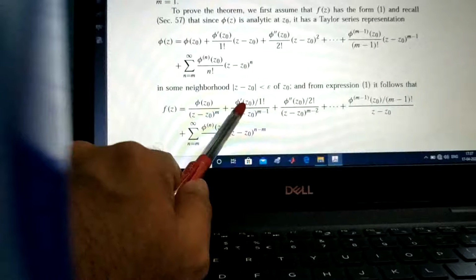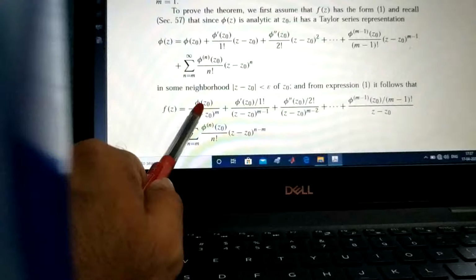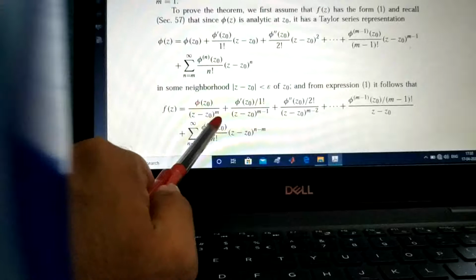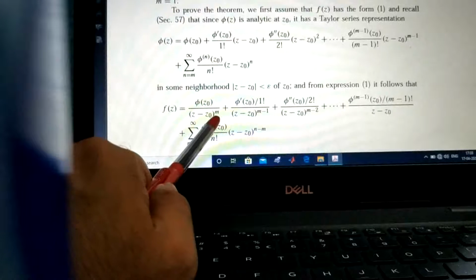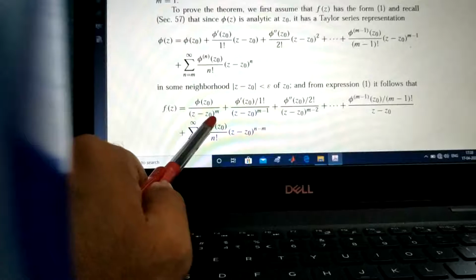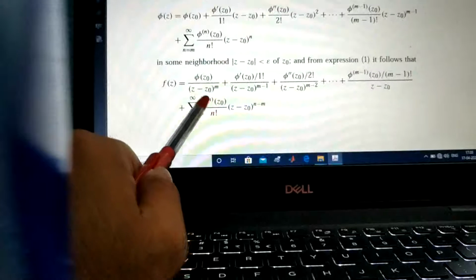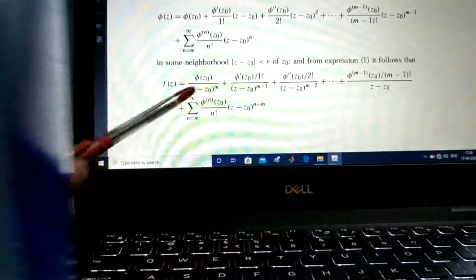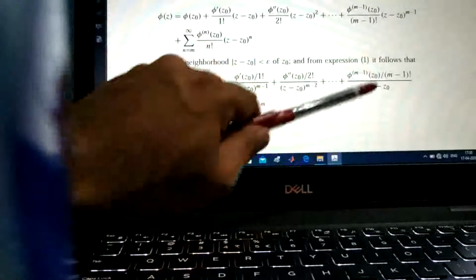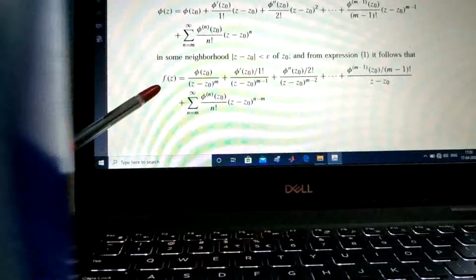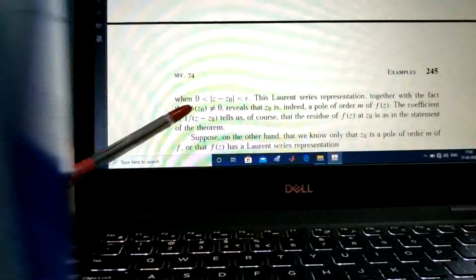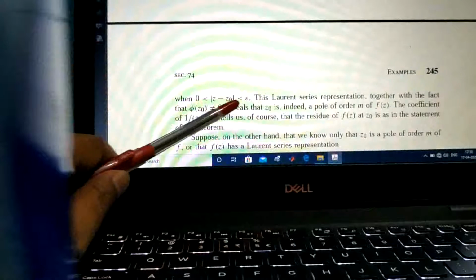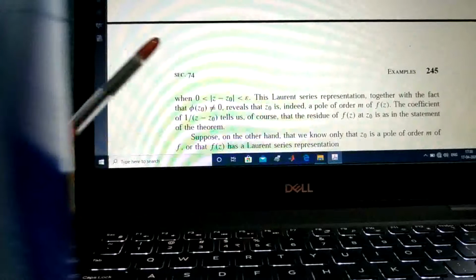This is b_(m minus 1) and this is b_m divided by (z minus z naught) to the power m. So this is a Laurent series expansion of f of z in this punctured disk of epsilon radius at the z naught point.